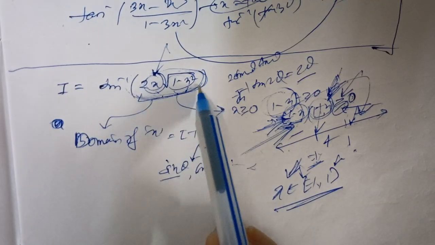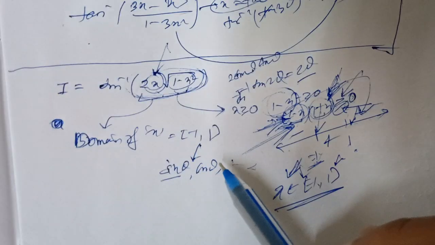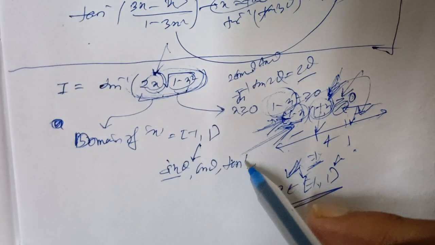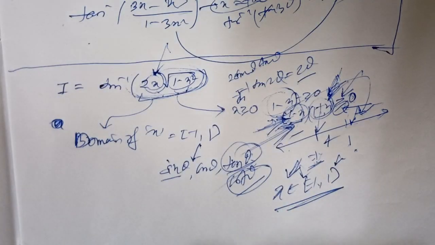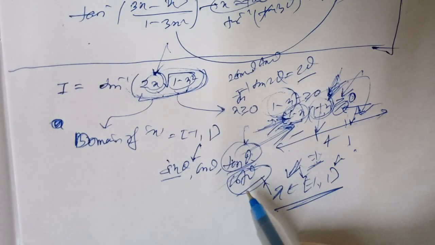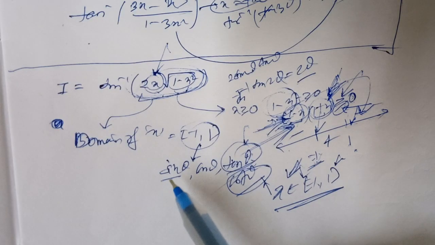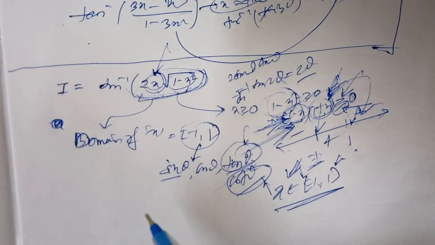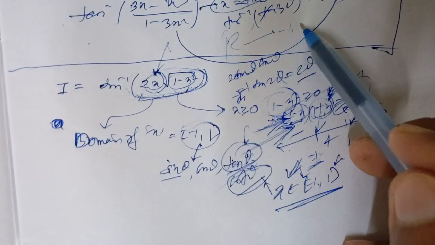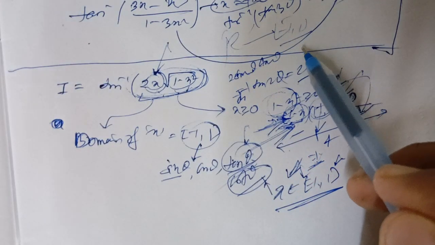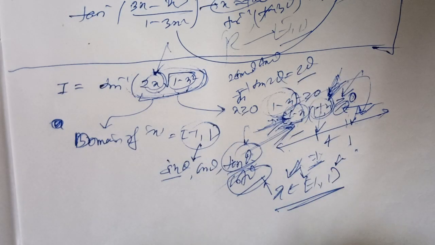Therefore you can get only one value, not the entire domain. But you can put it as tan theta or cot theta, because they belong to the real numbers, and the subset of that is -1 to 1, both included. And if it is a subset, then obviously you can take it, right? R is very large, the subset is -1 to 1, you can just constrain the theta values to get the correct domain.